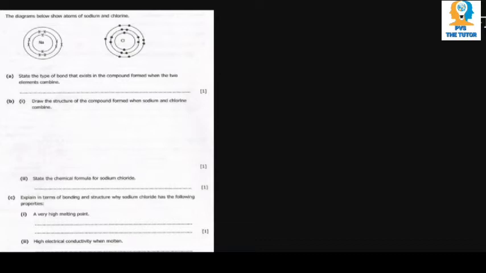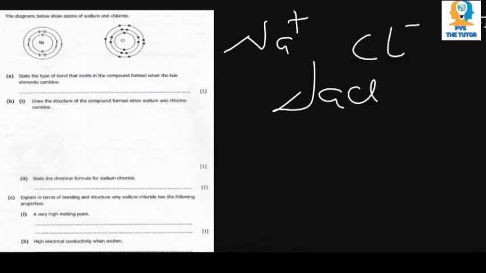Now A says, state the type of bond that exists in the compound formed when the two elements combine. When chlorine and sodium combine, metal sodium and non-metal chlorine, there's a donation of electrons from sodium to chlorine. So sodium becomes an ion and chlorine becomes an ion, and together they form sodium chloride.